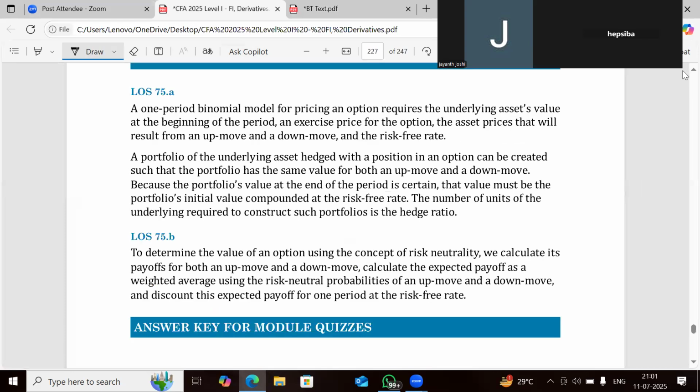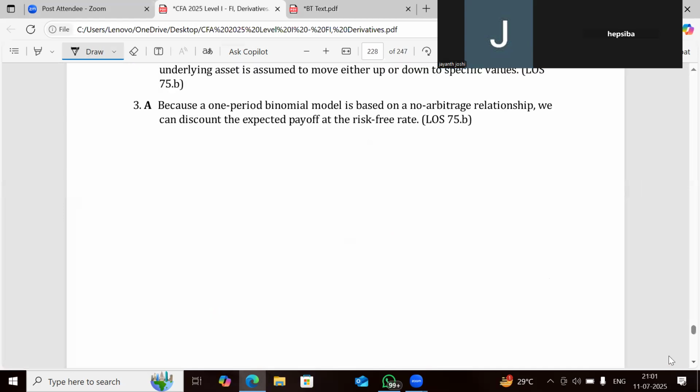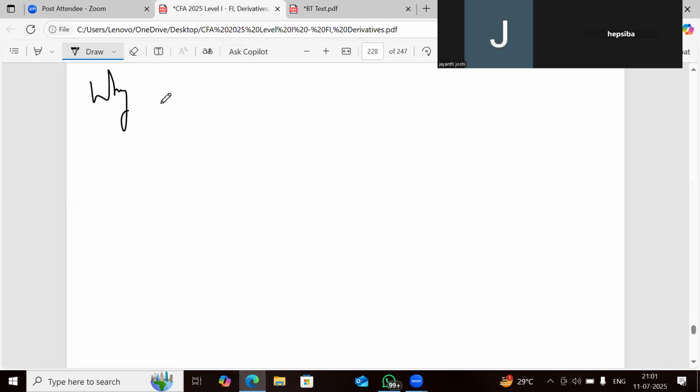So the basic question: why build a portfolio? We want to calculate the fair price of the option without arbitrage.